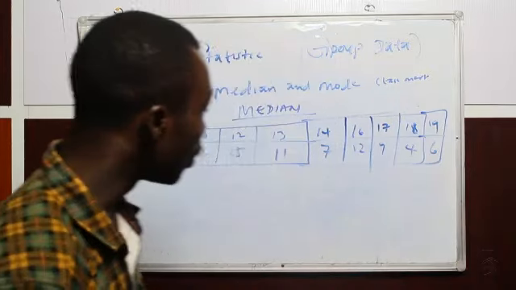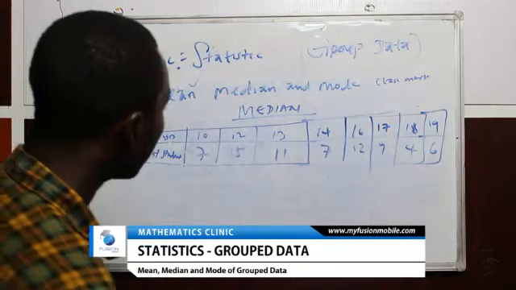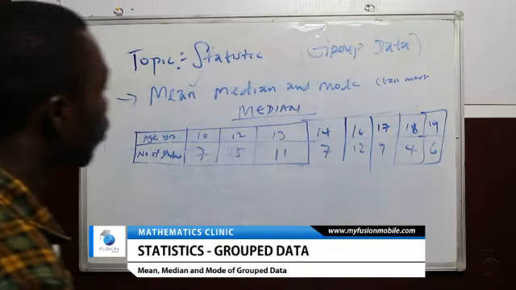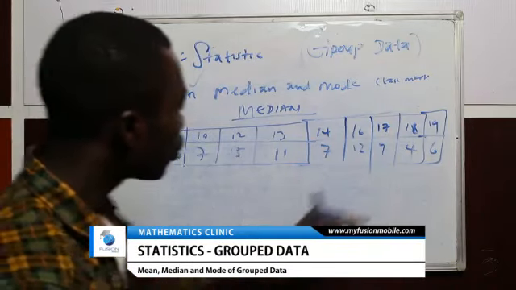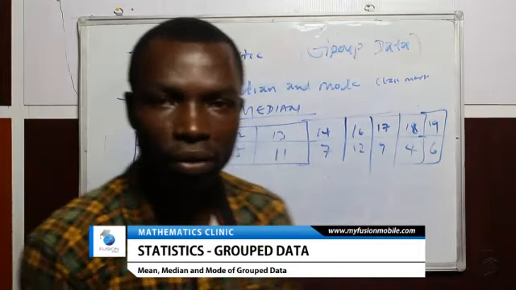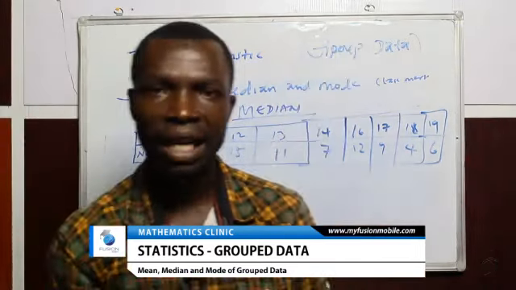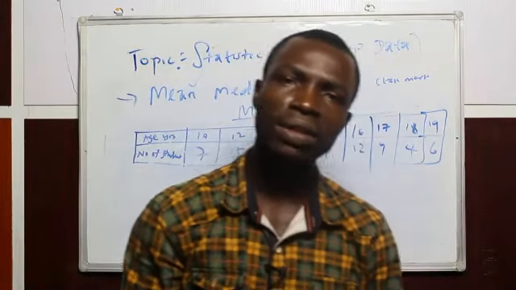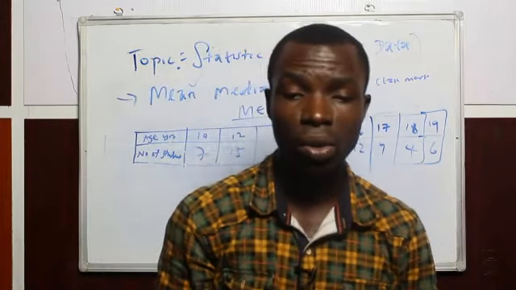How do we know the middle number? We can't know the middle number except we calculate the cumulative frequency table. Once we have it, we can know the half, that is the 50th percentile of that cumulative frequency. Now let us solve it.